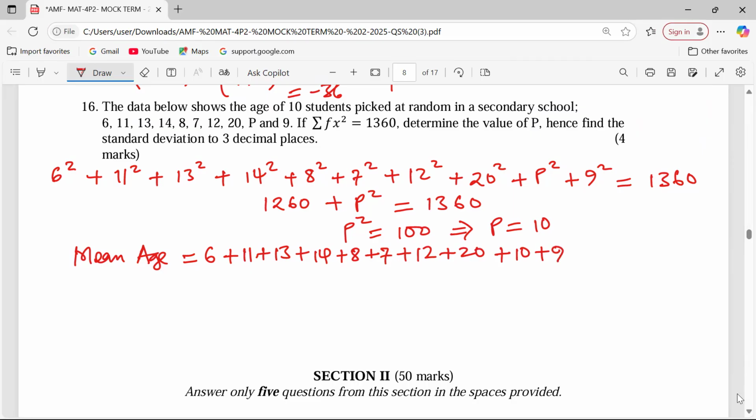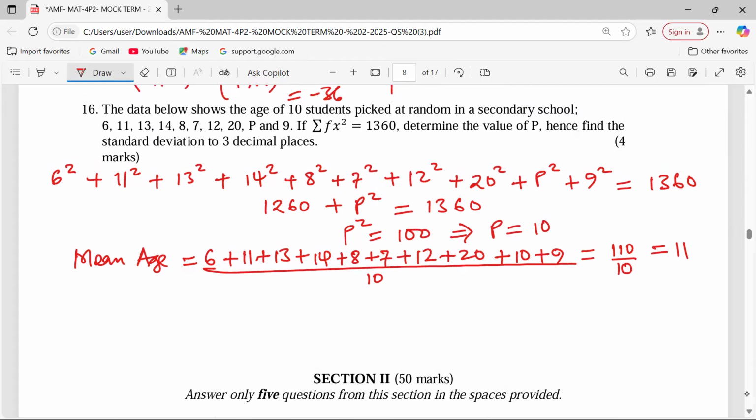Then we divide everything by 10. We're getting 110 over 10. So we have 11 as the mean age.